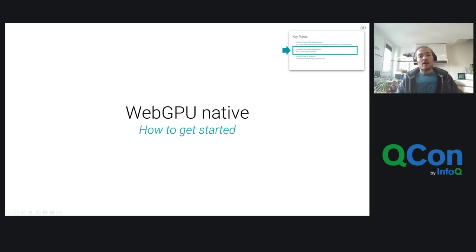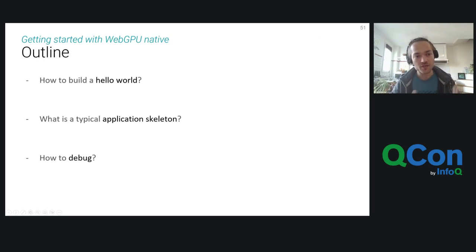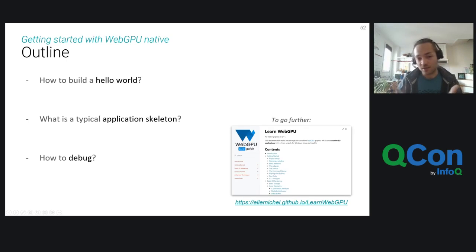So we can go now to the second part. If we want to do development with WebGPU now, how do we get started? Well, the first thing is to build a really small hello world, and then I'm going to show the application skeleton. I'm not going to go into the details of all the parts because there is the guide I've started writing to go further.